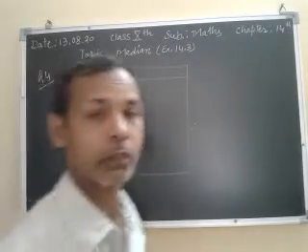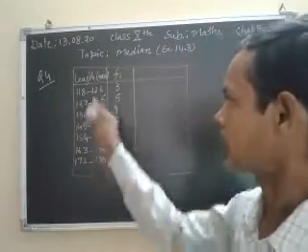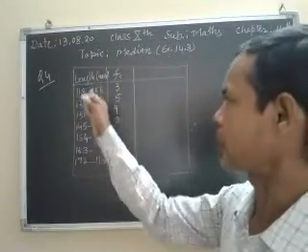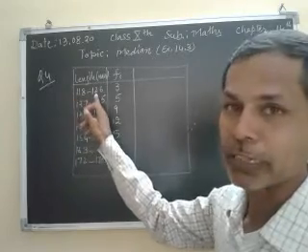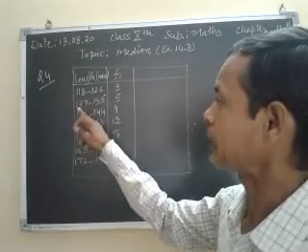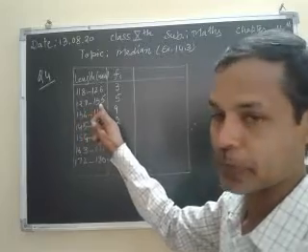Now students, in such questions, when we observe the class intervals, the first class is 118 to 126 and the second class is 127 to 135.